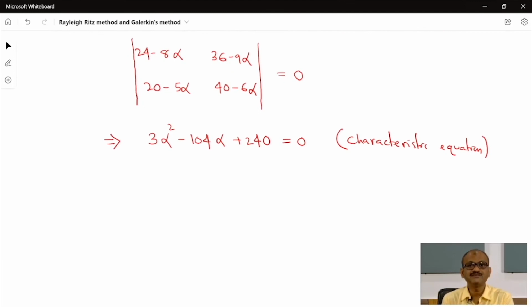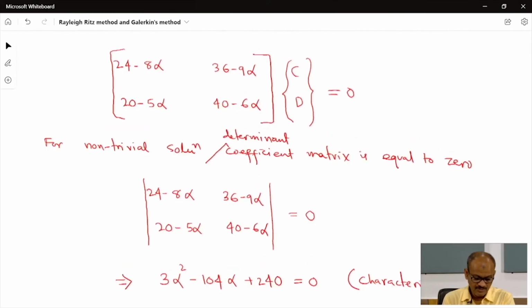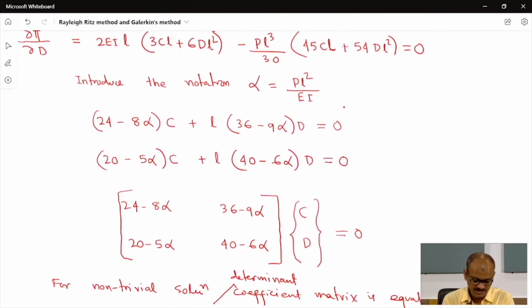If we back substitute in the previous governing equation, then we will get the eigenvector, which gives the buckling mode shape.